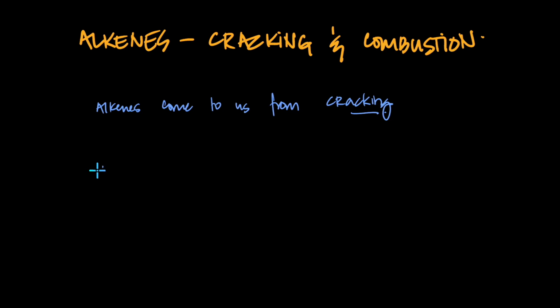Cracking just means this, that you take a really large molecule and then you slice it in the middle, like that, anywhere in the middle. That's called cracking. So right there, you break it up and you call it cracking.